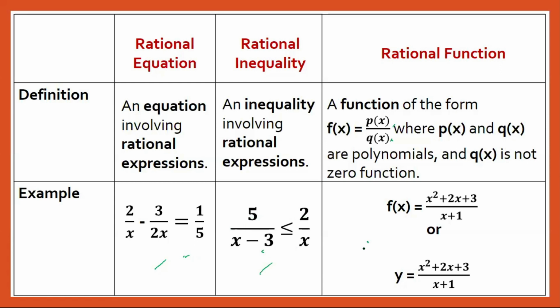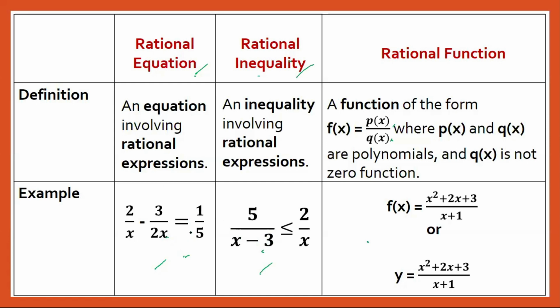Now these three examples involve rational expressions. What similarities and differences can you see between rational equation and rational inequalities? How do we compare and contrast RE and RI? Okay, RE and RI involve rational expressions. They both have only one variable, which is x.